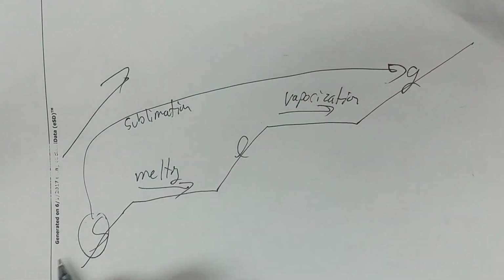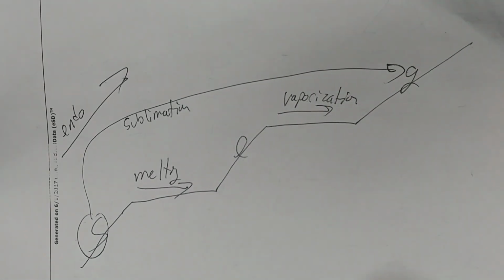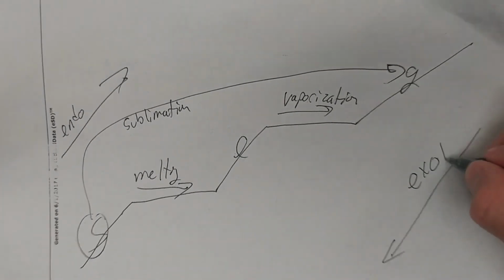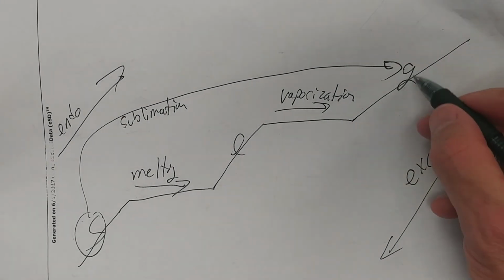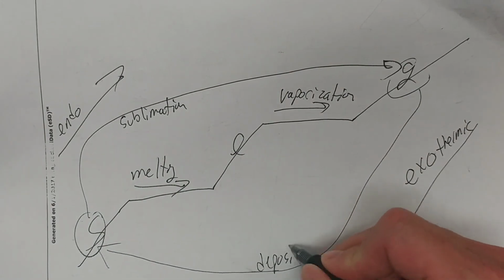All of these going up are endothermic. So going down would be exothermic. All right. Gas directly to solid is deposition.